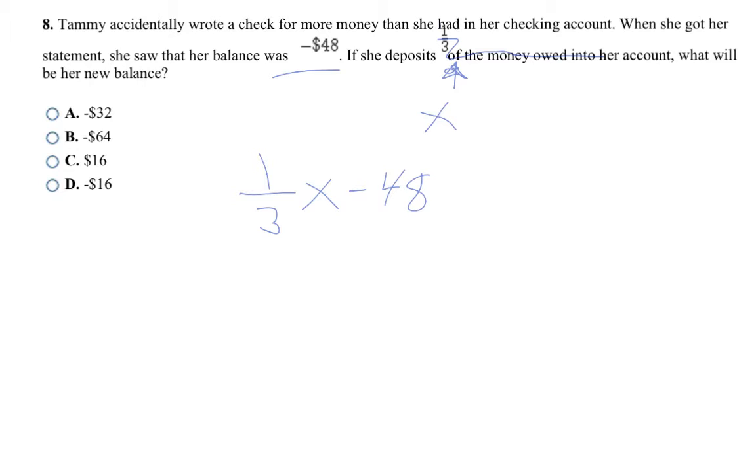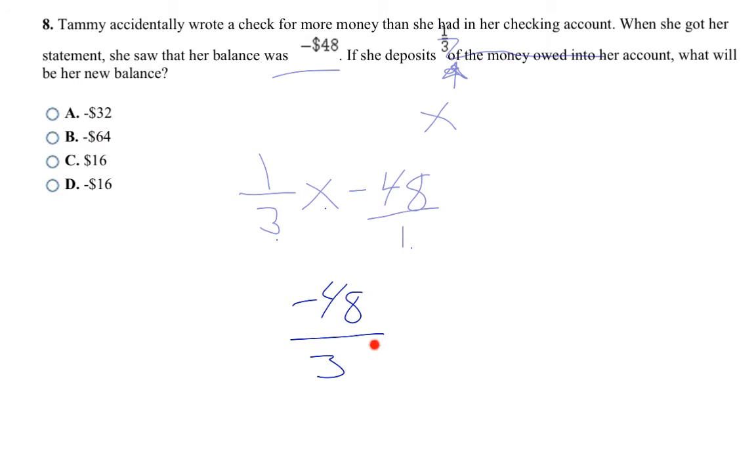So I'm going to take 1/3 times negative 48, and so I'm going to put a 1 over the 48. And then I'm going to take 1 times negative 48, which is negative 48, and that's my numerator. And then I'm going to take 3 times positive 1, because the negative either goes with the top or bottom, not both. And 3 times 1 is 3. And so once again, a positive times a negative is a negative, so my answer sign makes sense.